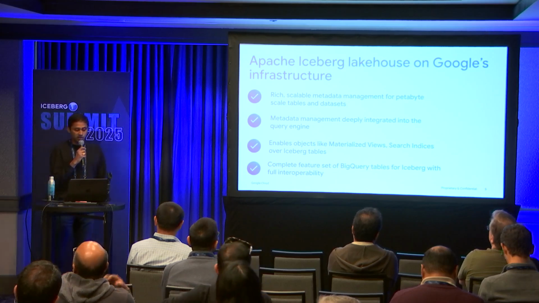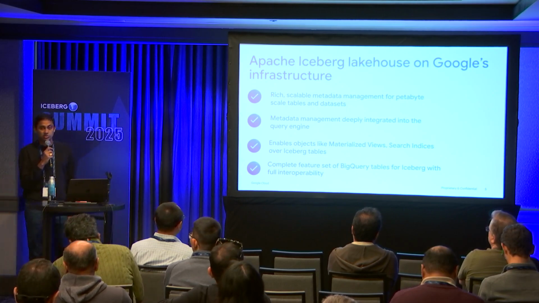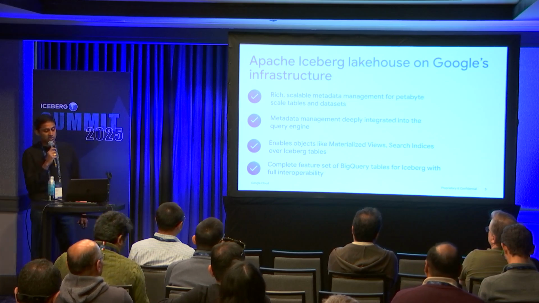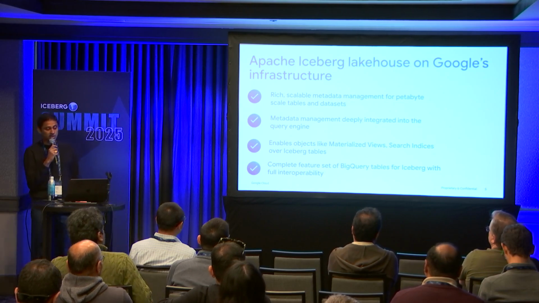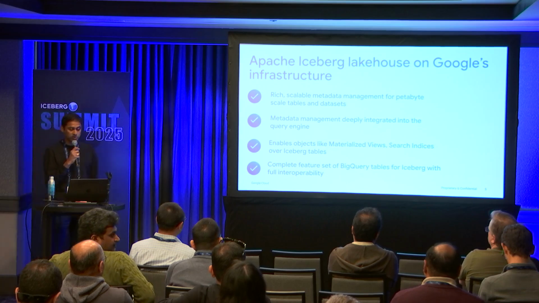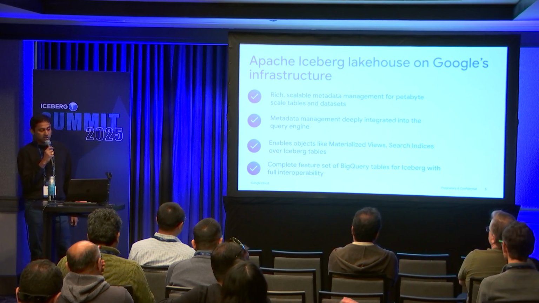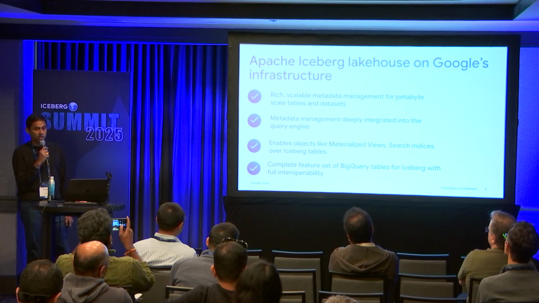So, Apache Iceberg Lakehouse. We are trying to build an Apache Iceberg Lakehouse on Google's infrastructure, and there are some fundamental pieces on which we are building it. We have a rich, scalable metadata management system for petabyte scale datasets. We have many petabyte scale datasets that we have experience with in our storage system. Our metadata management, unlike other places that you might see, is deeply integrated into the query engine.